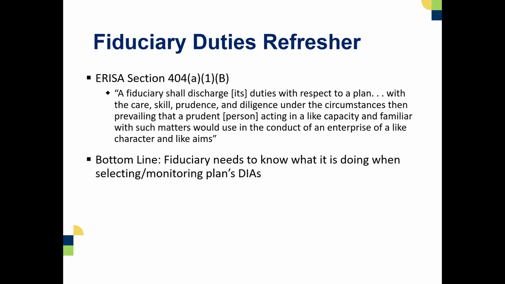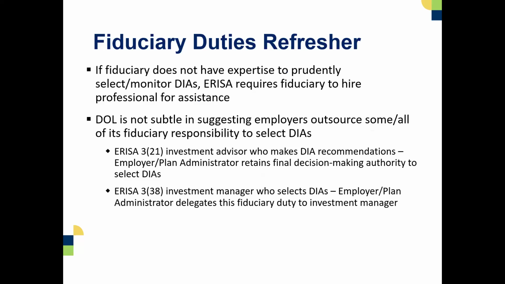And what that means is that the fiduciary needs to have the required expertise, skills, and knowledge to be able to evaluate a plan's investments and make decisions on what investments should be allowed inside the plan. And in fact, what ERISA requires is that if that fiduciary does not have that requisite skill, ability, and expertise in selecting the plan's investment alternatives, then it needs to hire an outside fiduciary to help satisfy that prudent person rule.